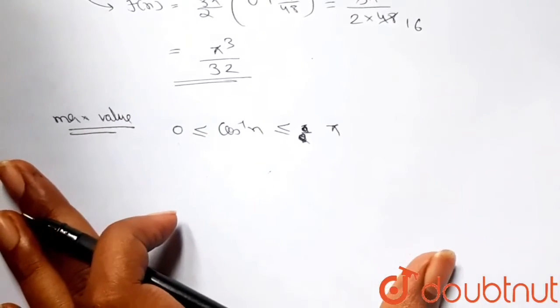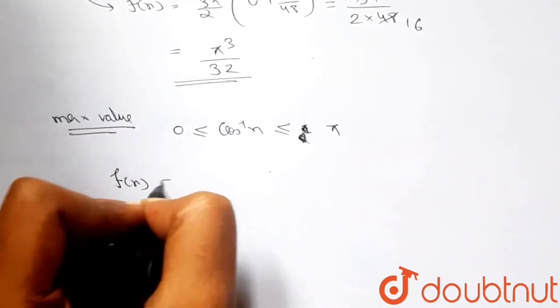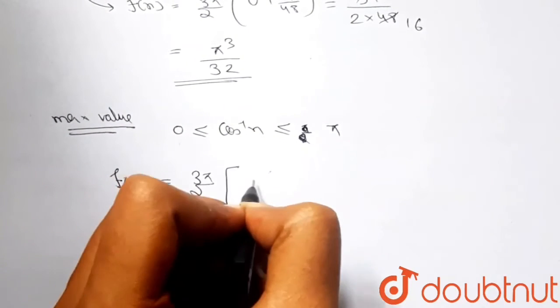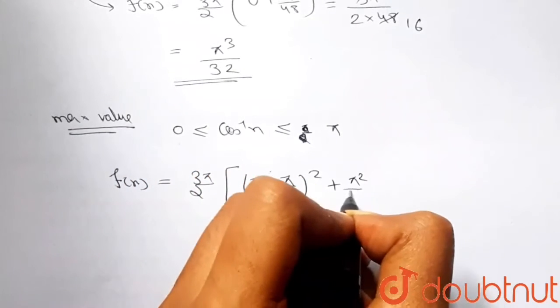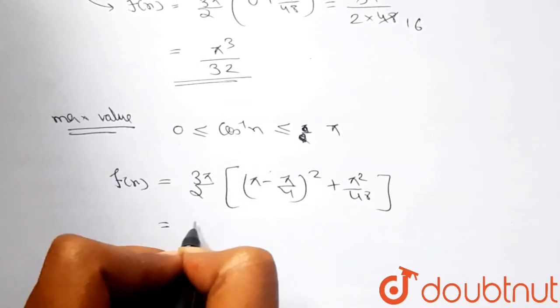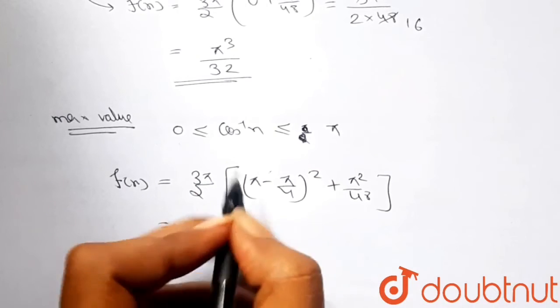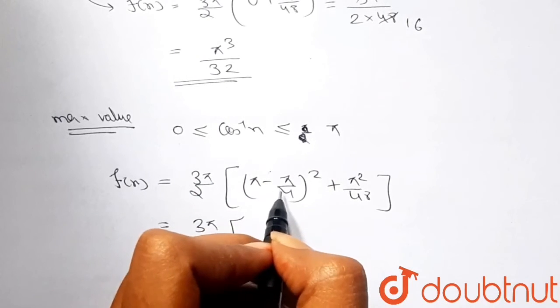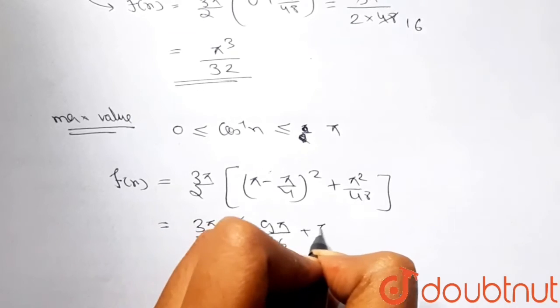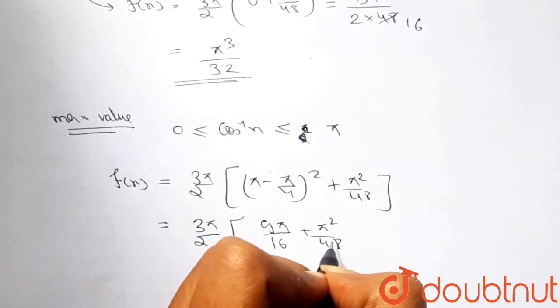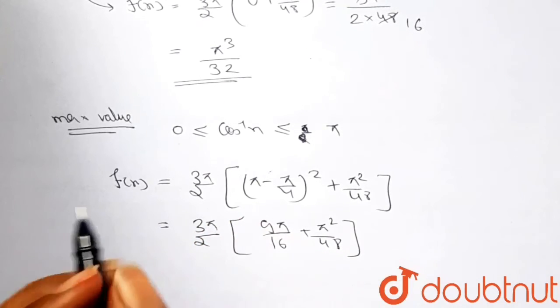So we will have f of x as 3 pi by 2 in bracket pi minus pi by 4 whole square plus pi square by 48, right? So this will become 3 pi by 2 in bracket pi minus pi by 4, that is 3 pi by 4 whole square. So that will be 9 pi by 16 plus pi square by 48, right?